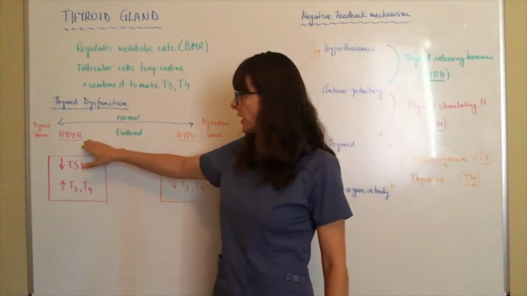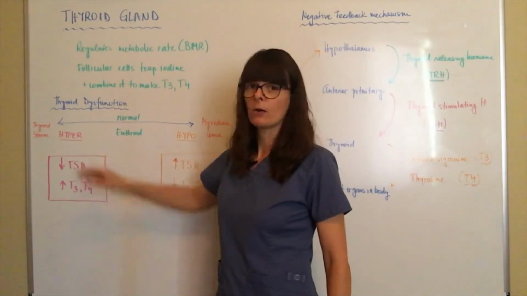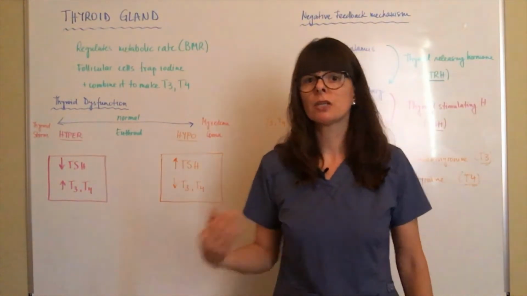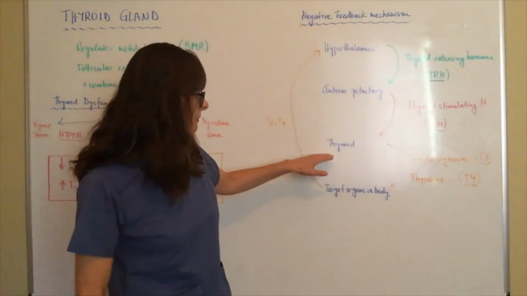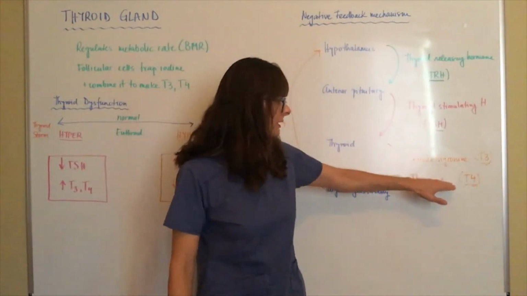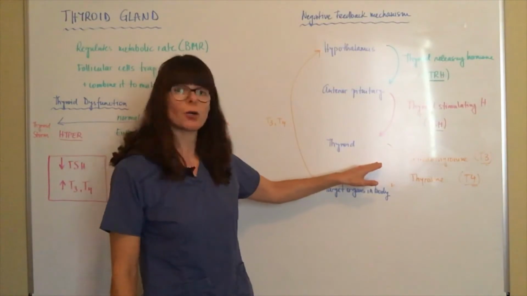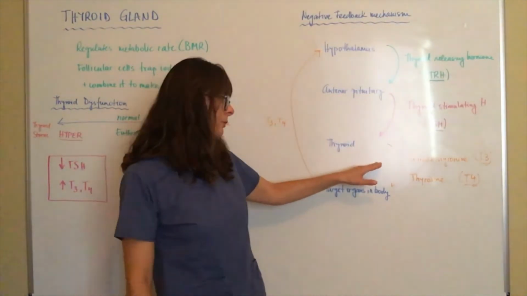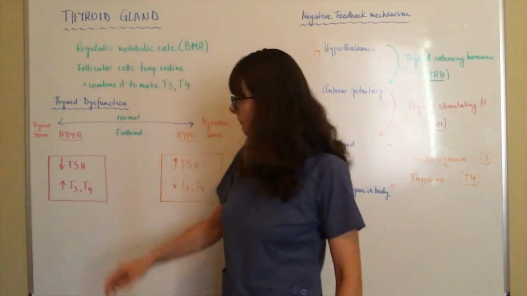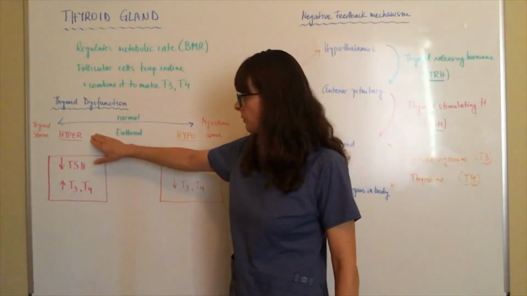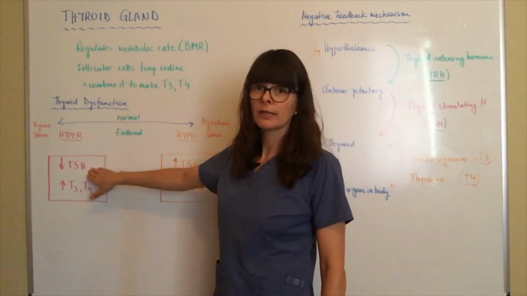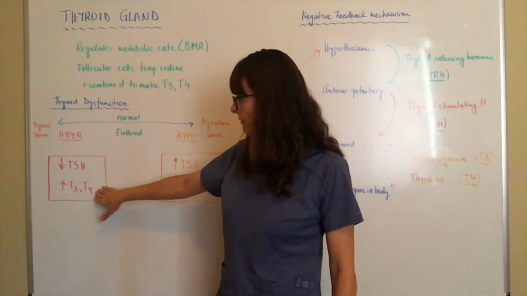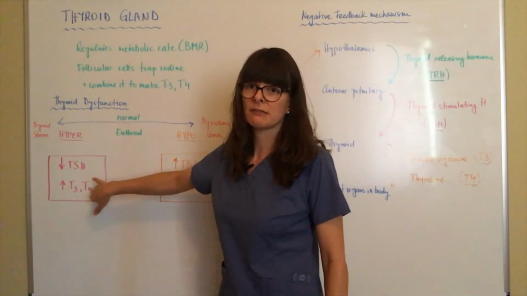So hyperthyroidism means that now the thyroid gland is producing too much T3 and T4. Remember, we can measure the T3 and T4, and this is what will determine if the condition is hyper or hypothyroid. So when the condition is hyperthyroid, the thyroid stimulating hormone will actually be low, along with an elevated T3 and T4.